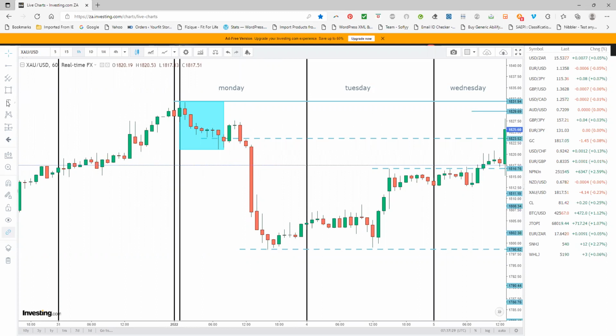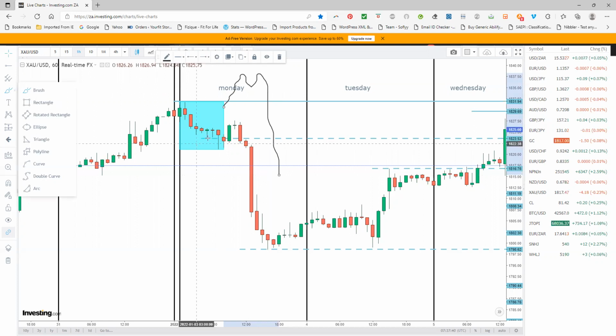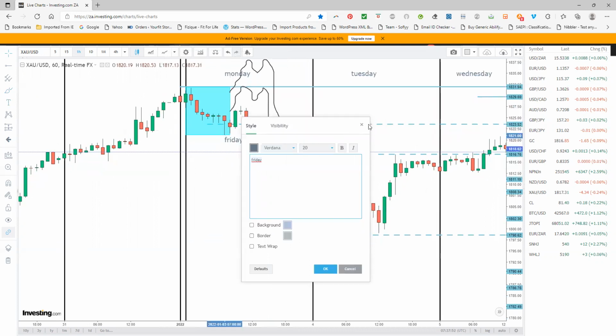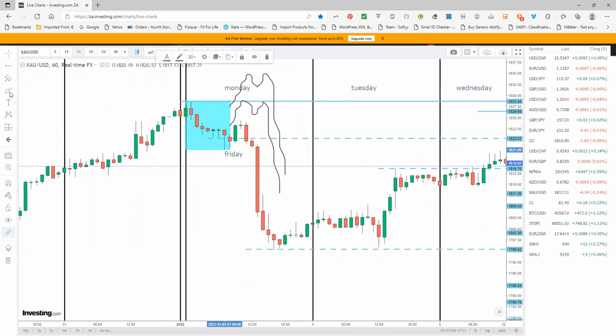Remember, type 1, let me just quickly get a brush. Type 1 is this. Type 2 is to the high of the day, turn, touch again, and drop. Type 3 is the 50%.